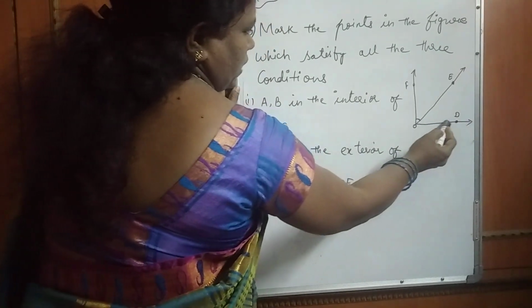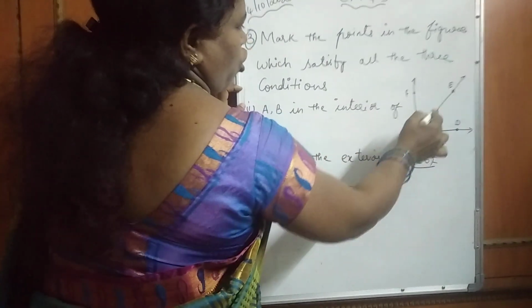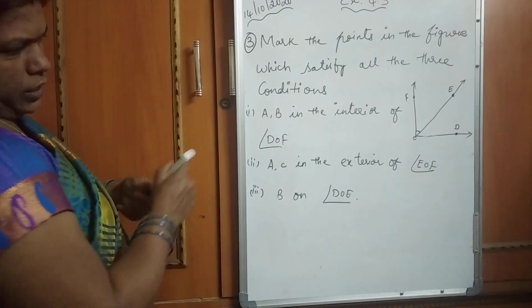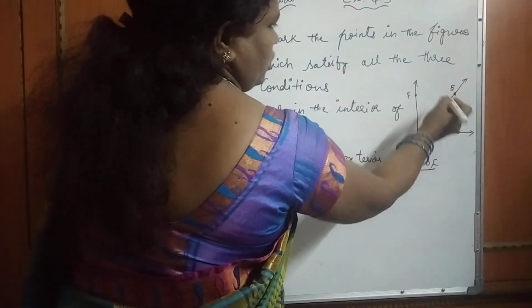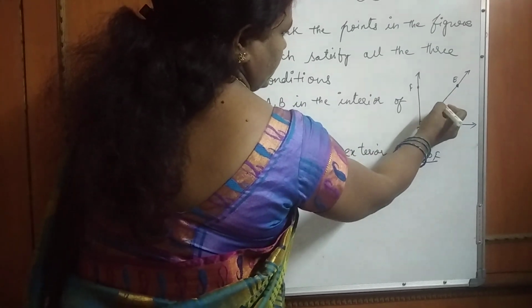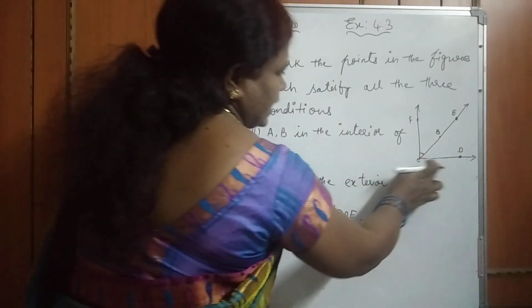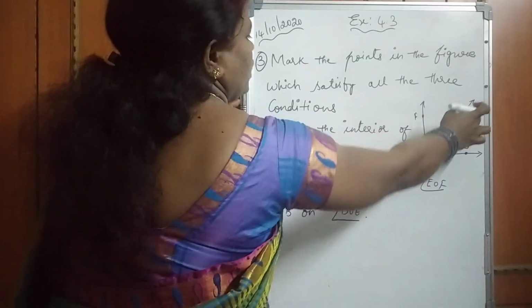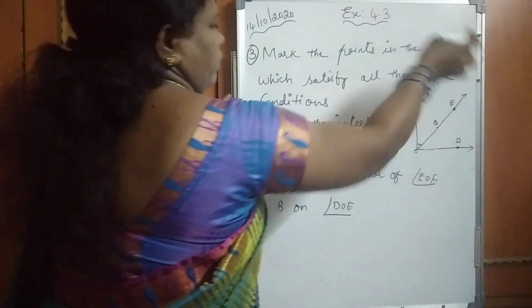On the line here, angle DOE, your B point should be on this angle DOE. You cannot mark here. Why can't I mark B anywhere else on this line, only on OE?